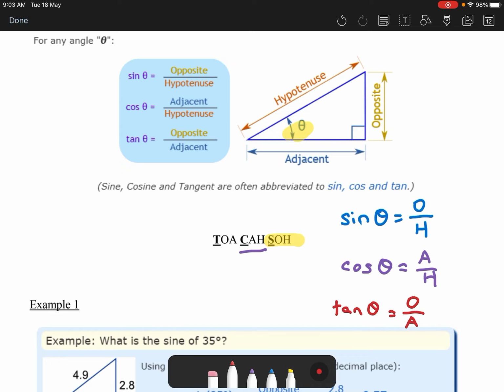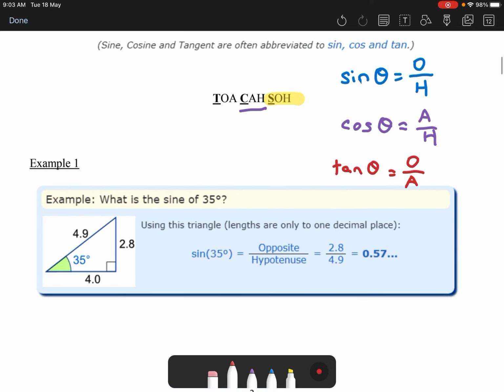Okay, so let's take a look at example 1. We want to calculate what is sine 35 degree. If we try not to use calculator, we can just calculate the sine theta in terms of the length. Sine 35 degree is equal to opposite.